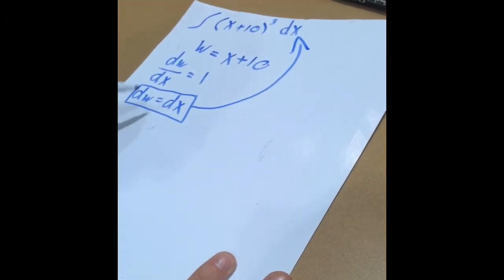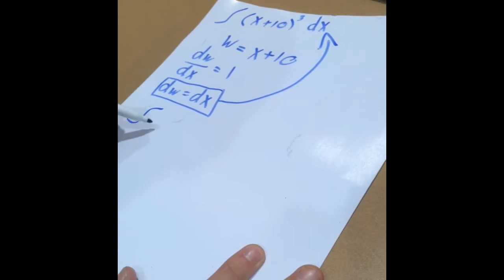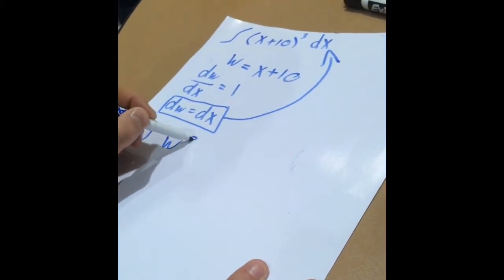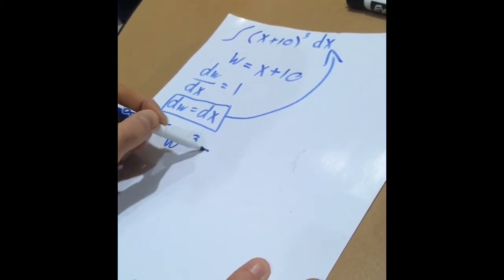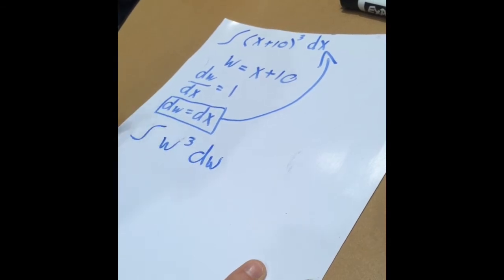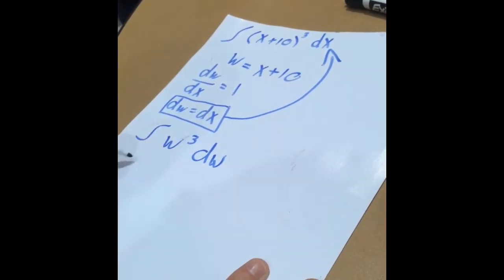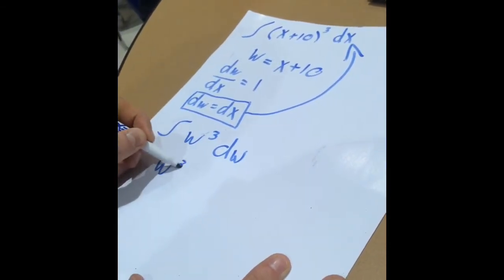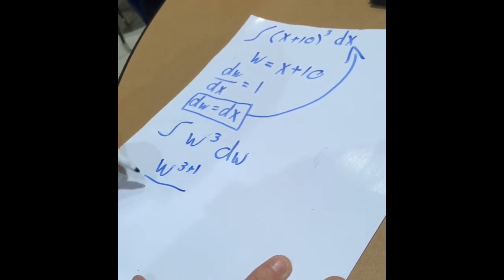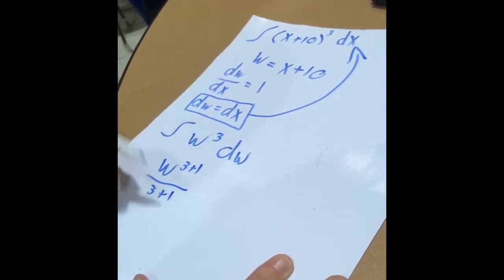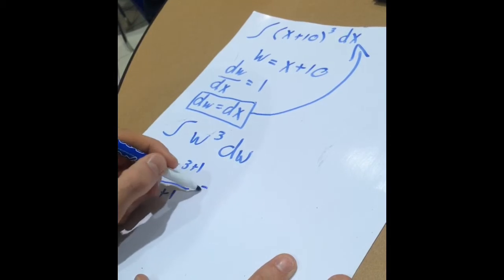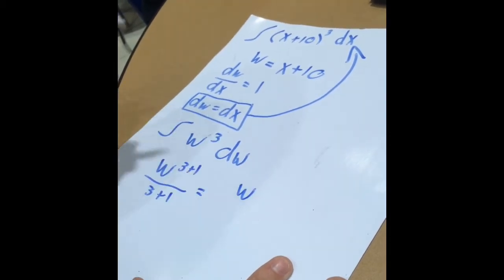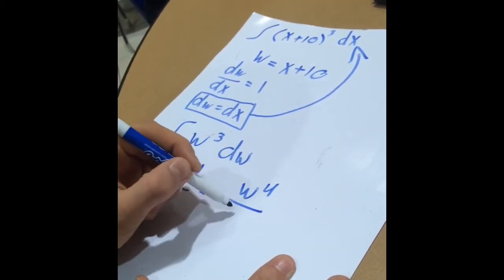So dw does equal dx in this case. So when you plug dw in for dx, you just get dw. So it's w to the third power, dw, and you use your standard rules that you've learned earlier in the unit to anti-derive. And then once you reach the end, you plug your w back in.